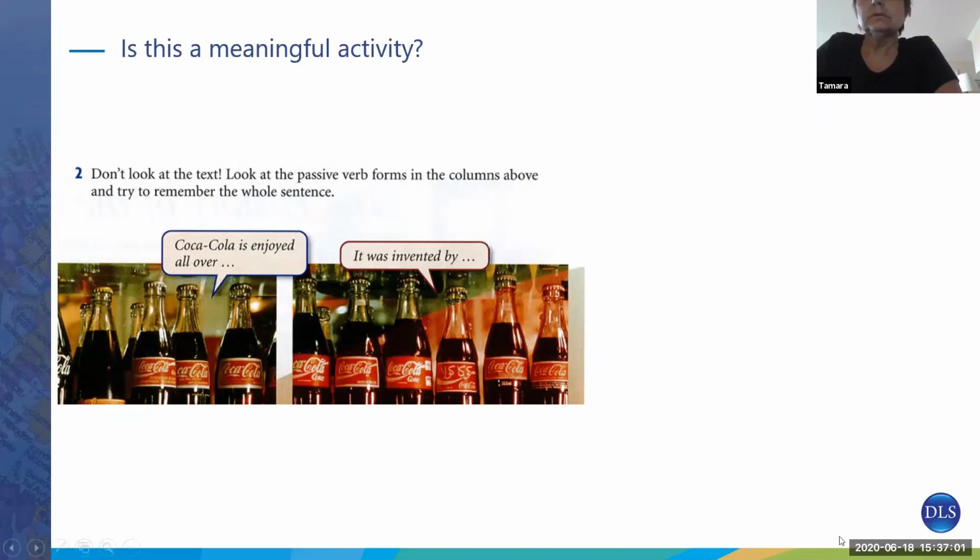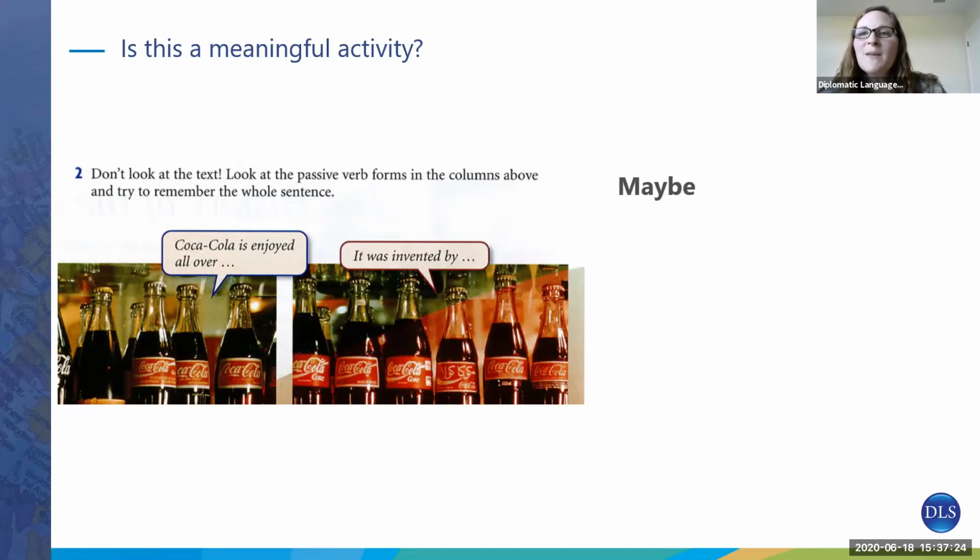Any ideas? What text shouldn't we look at? It was the text that we showed you before. Okay, I see a few people saying that it's meaningful. So this one, okay, meaningful.